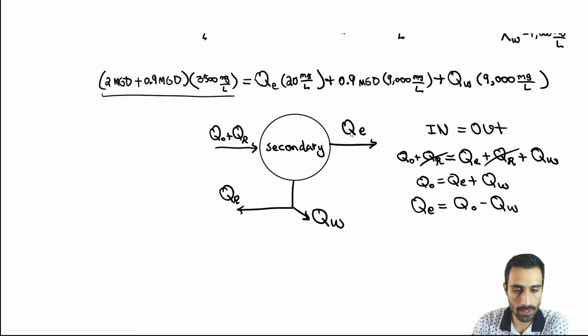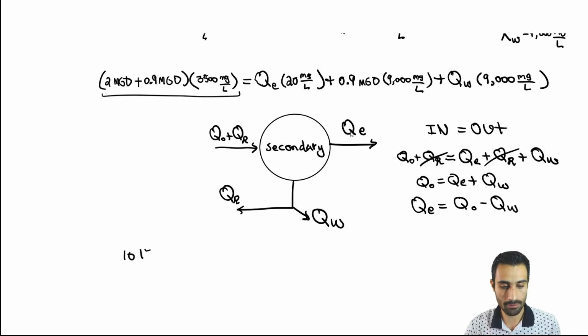So let me simplify this portion first. So do the math with me. So we can take 2 plus 0.9 times 3,500. So we get 101.50. That equals to, so we know QE is going to be this part. So we did that and got that from a mass balance around a continuity balance around the secondary.